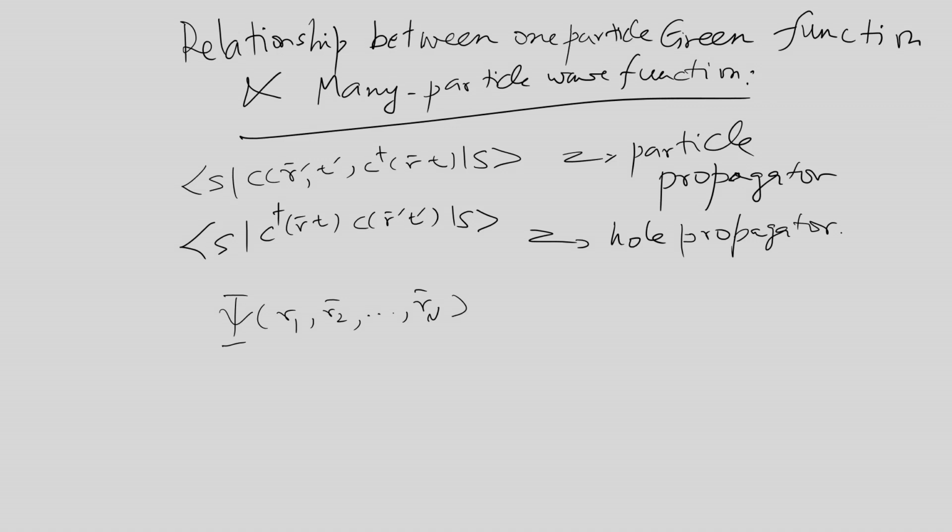So, in the Schrodinger picture, this would be time dependent, and if you want to evolve this from a given time to a later time, this would be the solution of the time dependent Schrodinger equation. Okay.